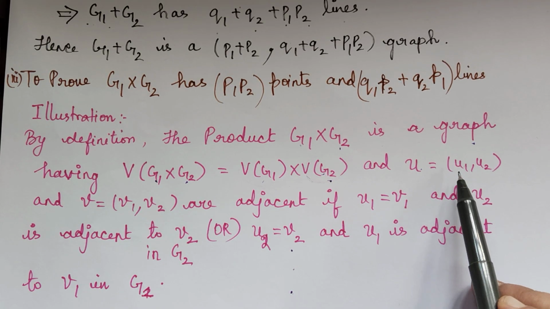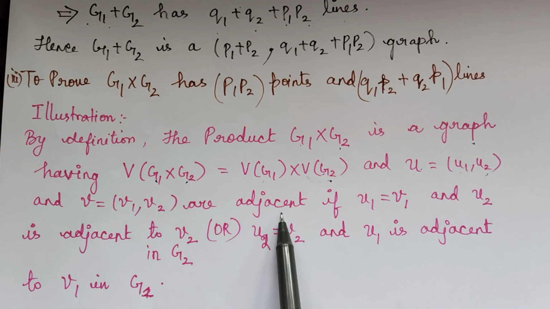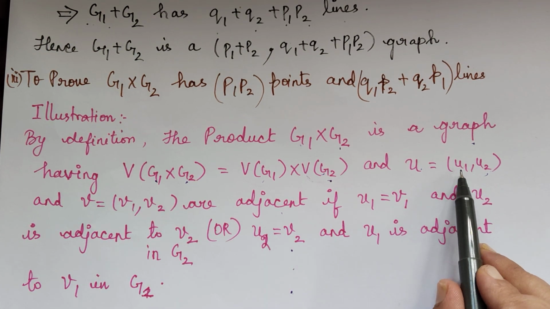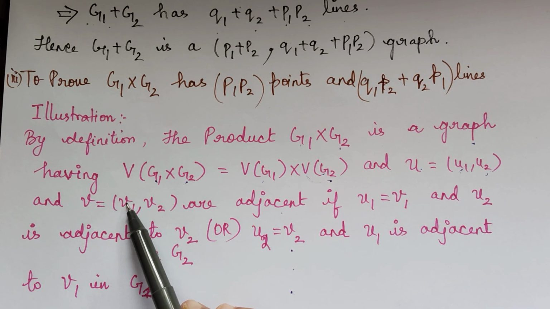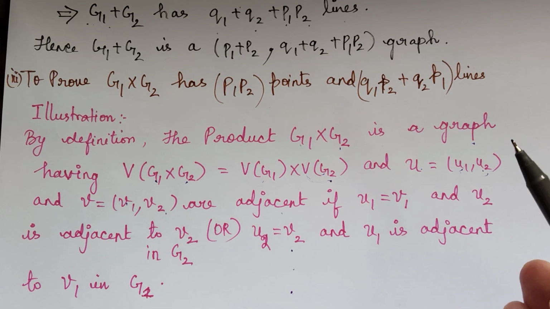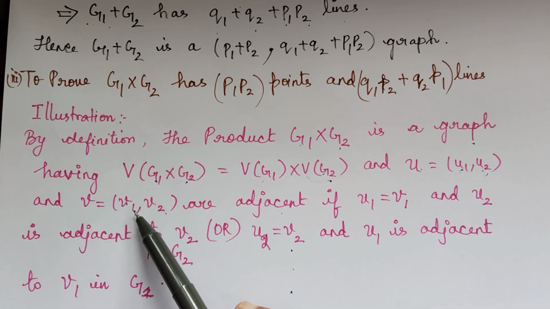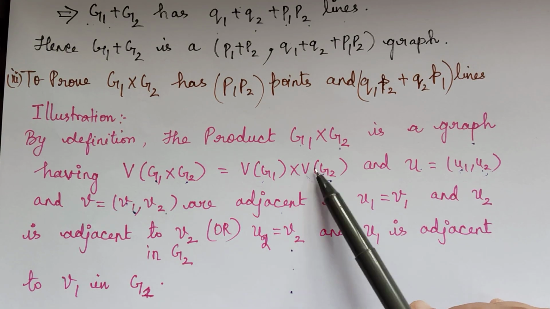Taking ordered pairs from the two graphs, (u1, u2) and (v1, v2), these 2 points are adjacent if either u1 is equal to v1 and u2 is adjacent to v2, or u2 is equal to v2 and u1 is adjacent to v1. You will understand this better when I explain with the example.